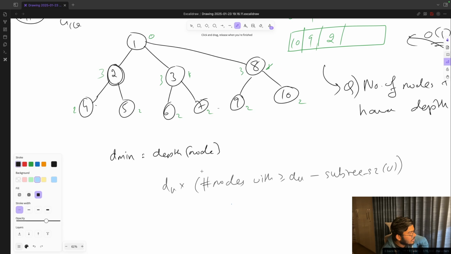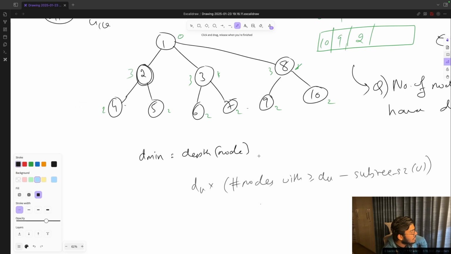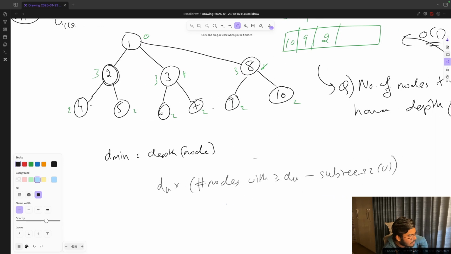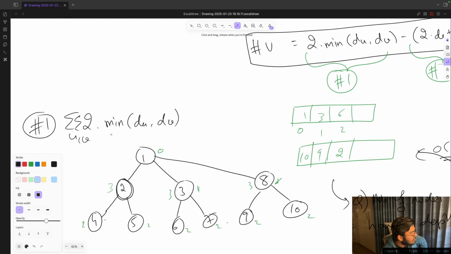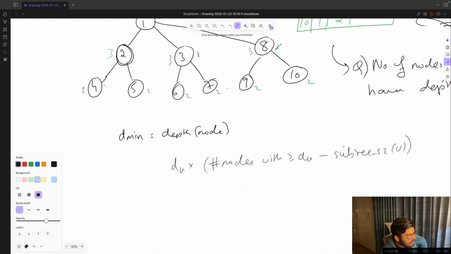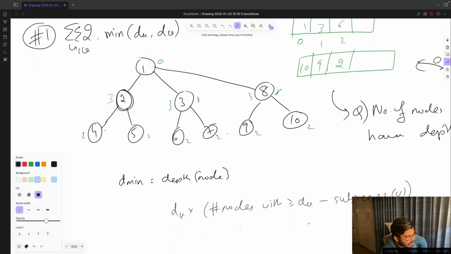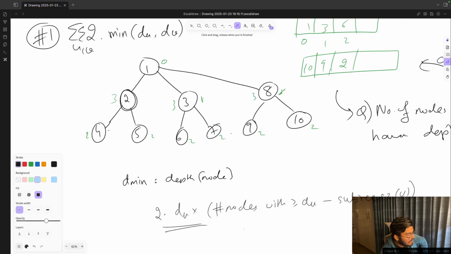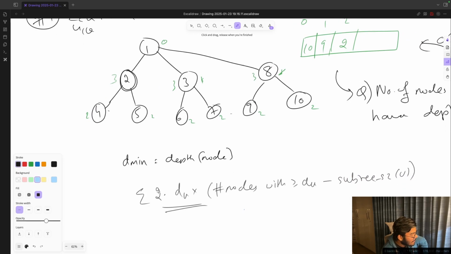So we have this kind of thing, and what did we actually want? We wanted 2 times min of this, right? So this is the number of pairs that we will have for this node, and we can multiply it with 2, right? And we can sum this up.